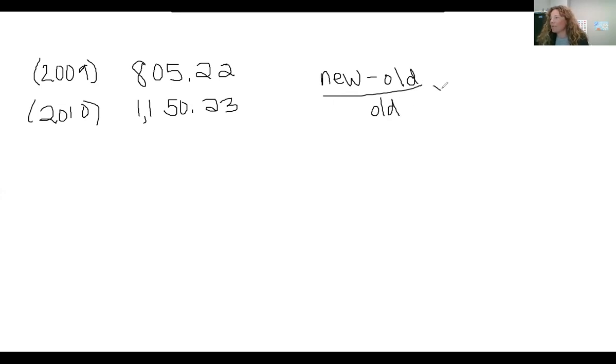At the end, we're going to want to make it a percent, so we'll need to multiply by 100. Why do we do this part? Well, taking the new and subtracting the old from it gives us what? That tells us the actual amount of the raw change. So that is actually the absolute difference in the numbers, just subtracting them.